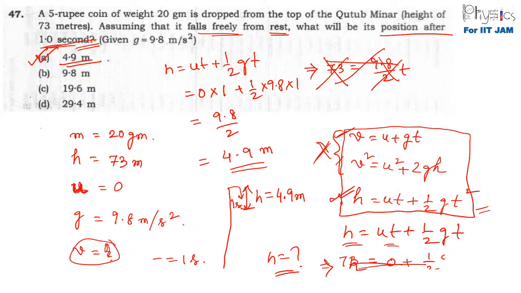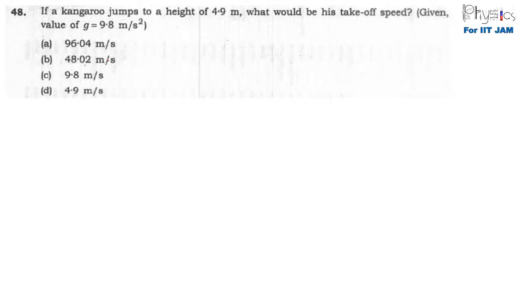So let's proceed to the next question. See, it's a funny question again. The question is, if a kangaroo jumps to a height of 4.9 meter, what would be his takeoff speed? Given value of g 9.8 meter per second square.